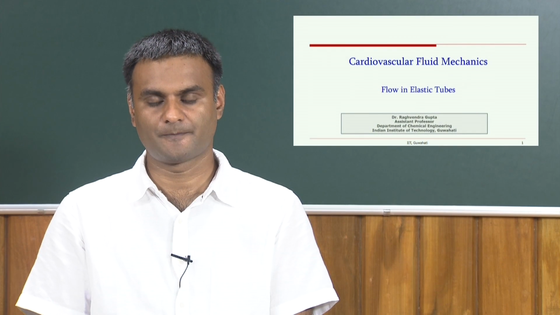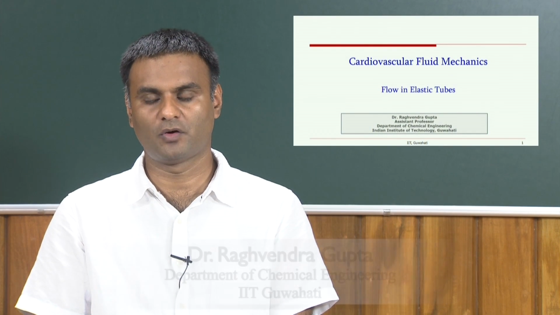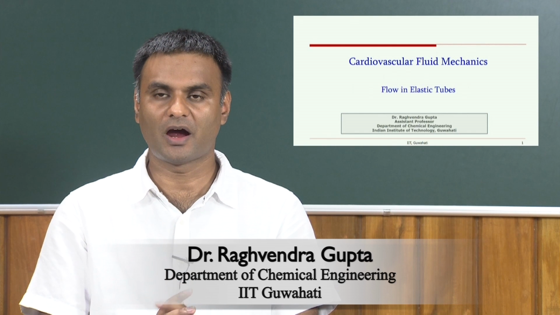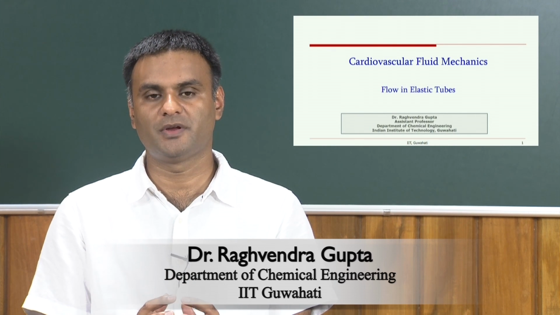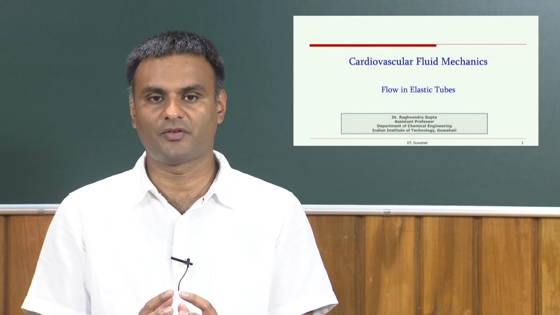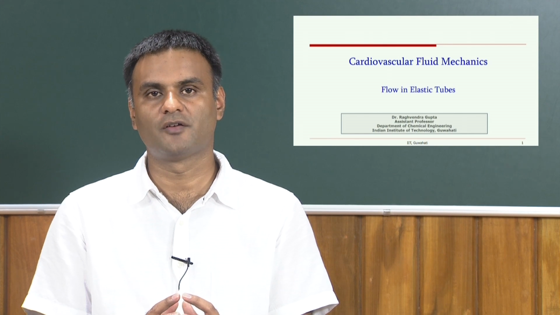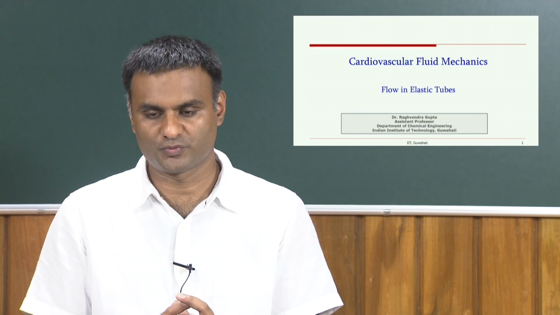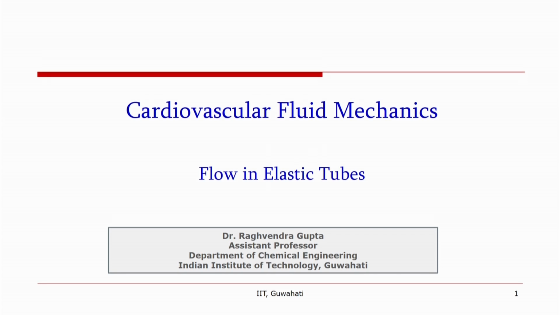In this lecture, we will look at flow in elastic tubes. Until now, we have been looking at different variations of flow in rigid tubes. As we know, the cardiovascular system is a network of flexible tubes which have different sizes.